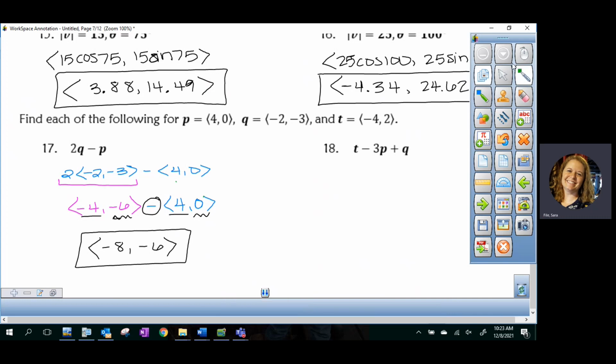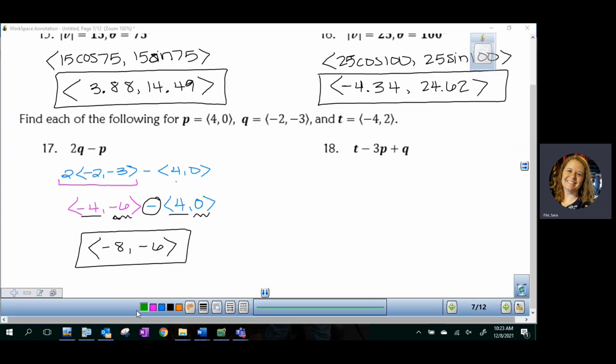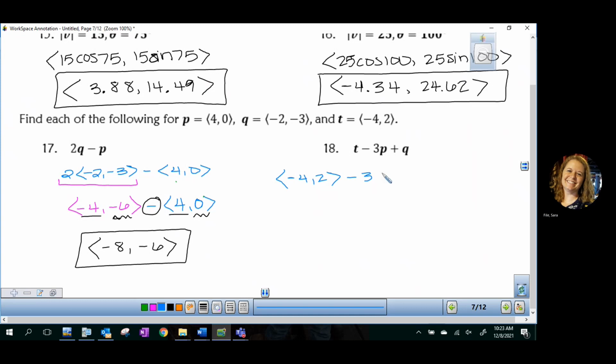Okay, so that same thing can happen here in 18. So let's look at that. So we've got vector t minus 3 times vector p plus vector q.